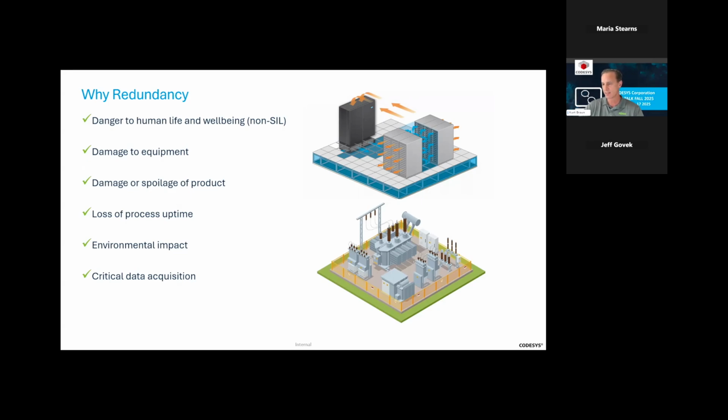These are areas where a controller failing might damage equipment, leading to costly repairs, or damage or spoiling of product, if, say, air handlers turn off and the temperature starts to get too warm.